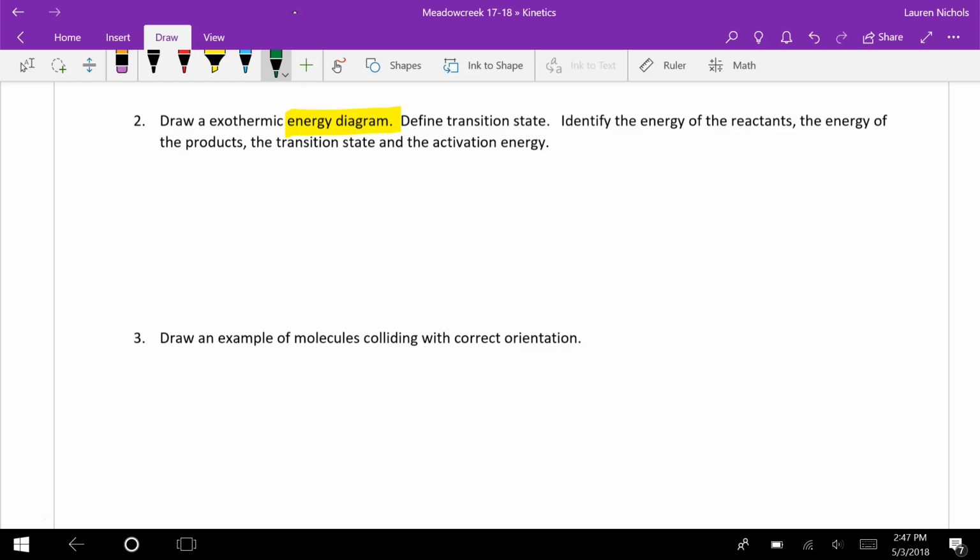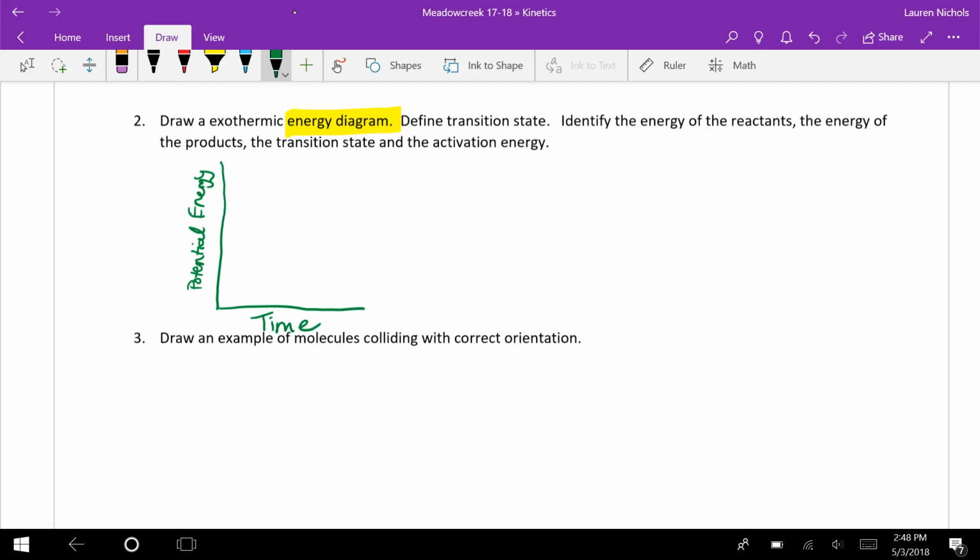So for an exothermic graph, we know that the y-axis is the potential energy, and just as a review, there are two types of energy in chemistry, kinetic and potential. Kinetic energy talks about how the molecules are moving, and potential energy is energy stored in the bonds. And so we have potential energy and time on the x-axis.